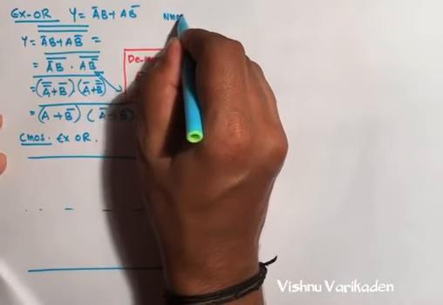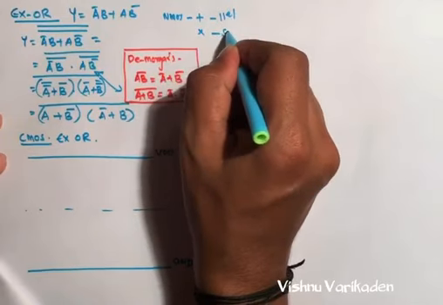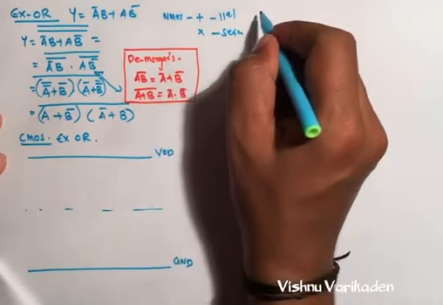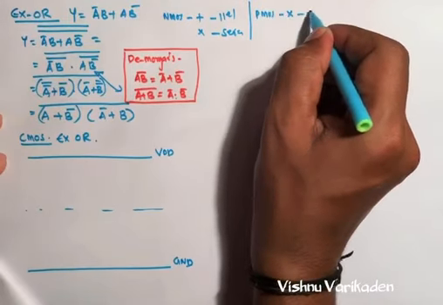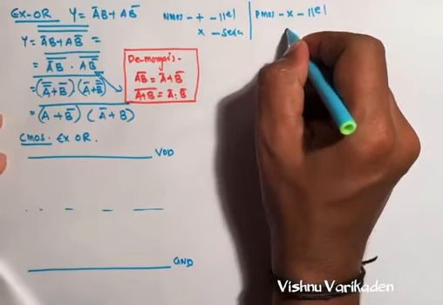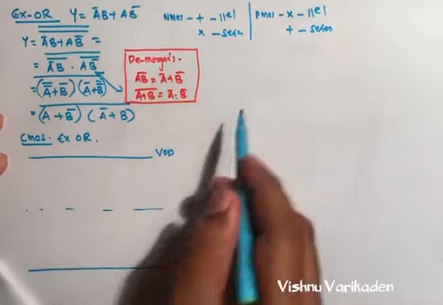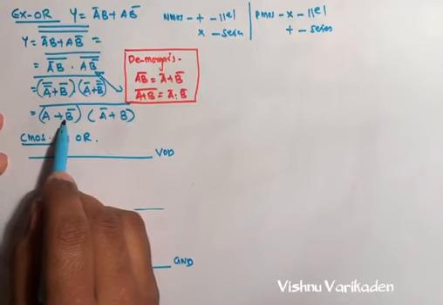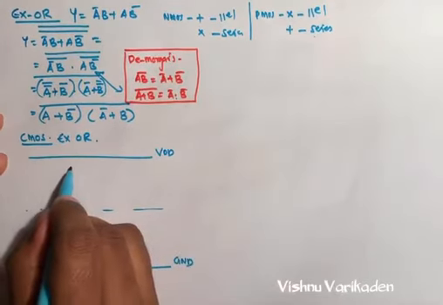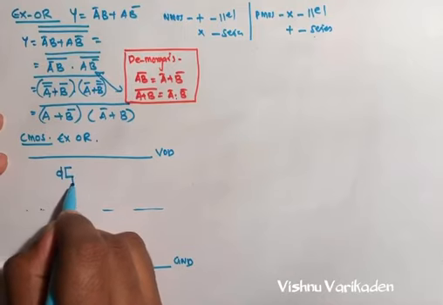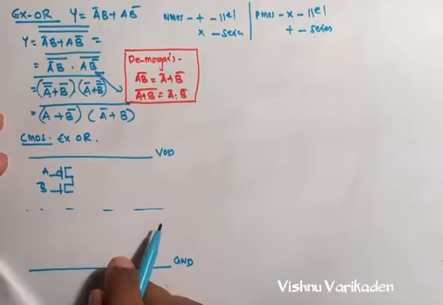For NMOS, plus is parallel, multiplication is series. For PMOS, multiplication is parallel, addition is series. So think about this. This one is the plus operator, so plus operator for PMOS is series. So this one is series. This is A and this one is B bar.